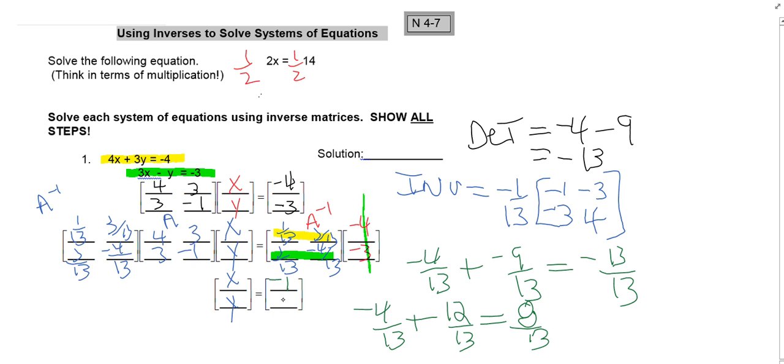Let's erase this last one here. I can't read my own writing here. This is actually 3/13. So that makes this negative 12/13. Negative 12/13 added to positive 12/13 gives us 0. So our y quantity is equal to 0. Okay.